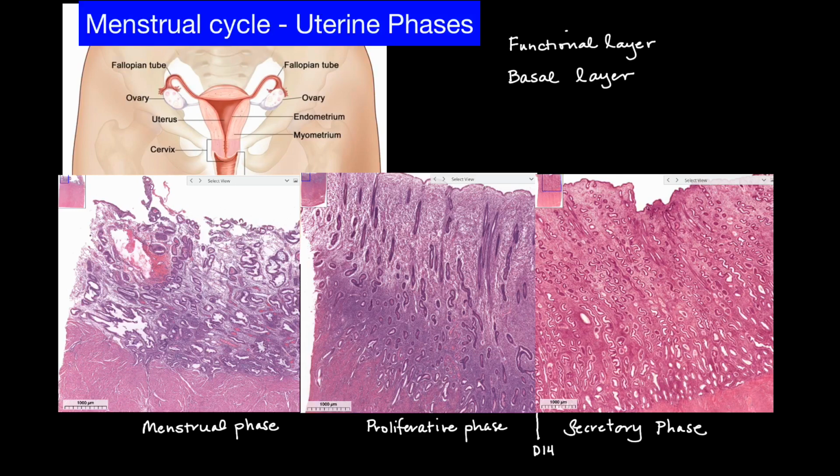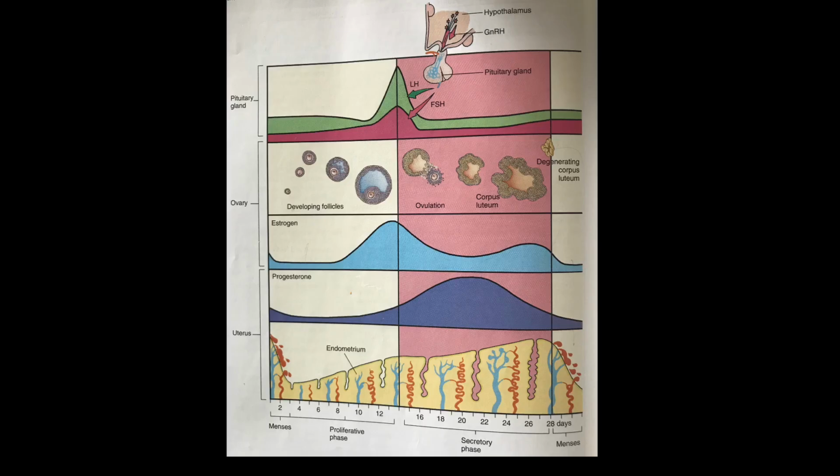You've got whole tunnel passageways with lots of white coloration because these glands are so developed throughout the entire functional layer. And that's because we've got lots of glandular secretion of nutrients. We've got lots of blood supply throughout the functional layer of the uterus. And that's essentially preparing the endometrium to receive an embryo.